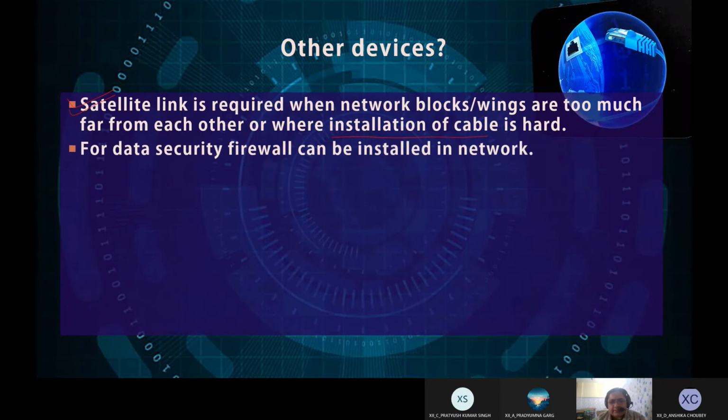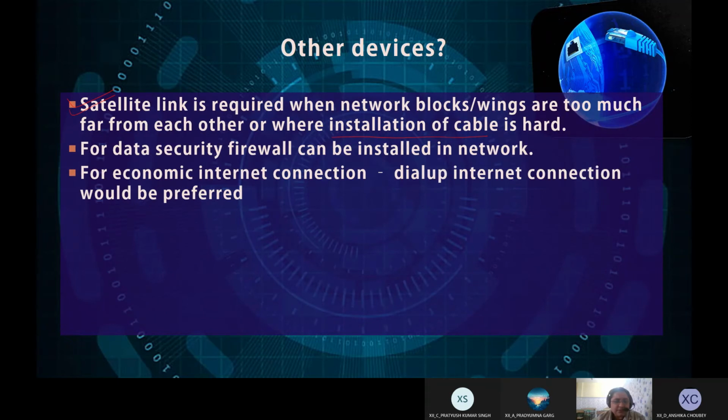For data security, a firewall can be installed in the network. For an economic internet connection, dial-up internet, although it is an obsolete connection. When you see a case study where the company wants low cost, doesn't worry about the speed, but is adamant on low cost, then you have to suggest a dial-up connection.